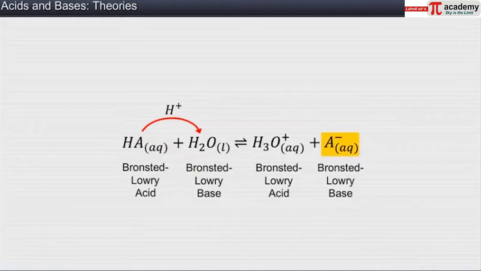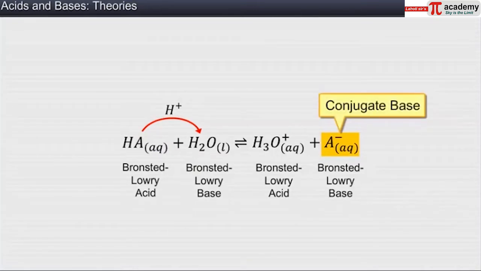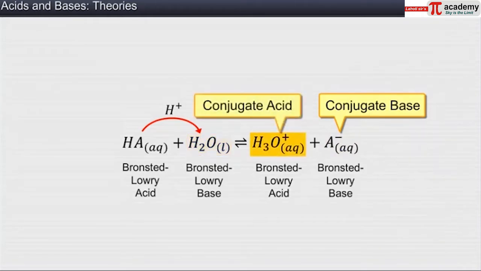The species that remains after an acid gives up its proton is called the conjugate base of that acid. Similarly, when a base accepts a proton, the resulting species is called the conjugate acid of that base.